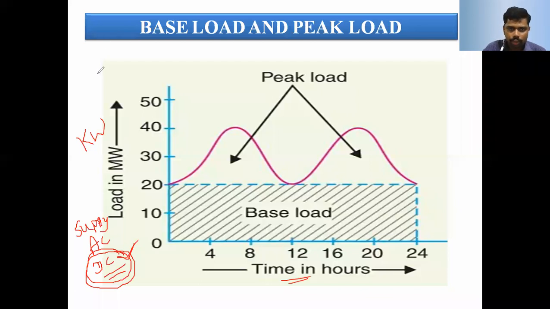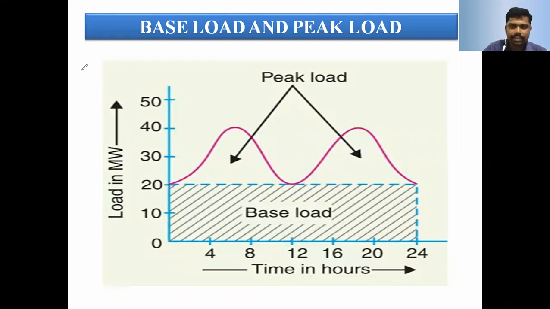For example, we can take a thermal power plant. The plant capacity is 500 megawatt and the generation capacity is 480 megawatt.